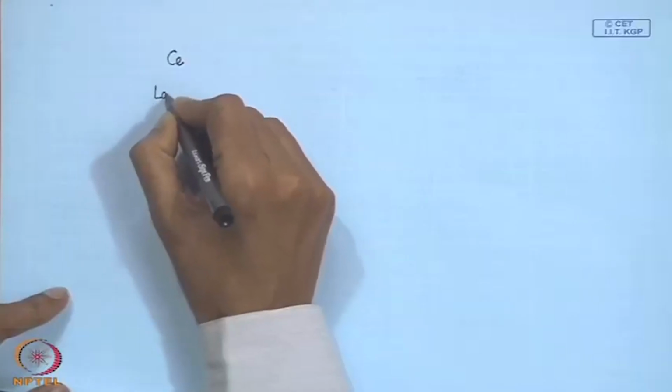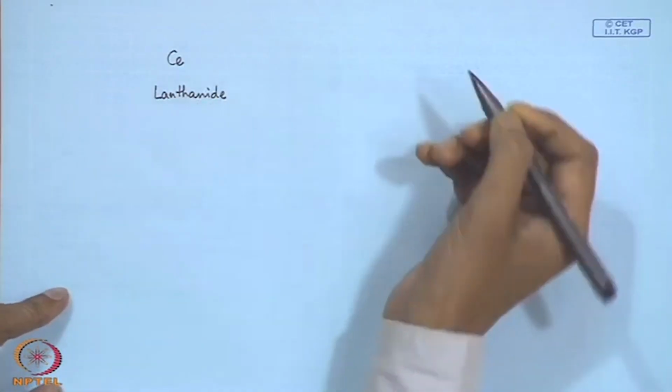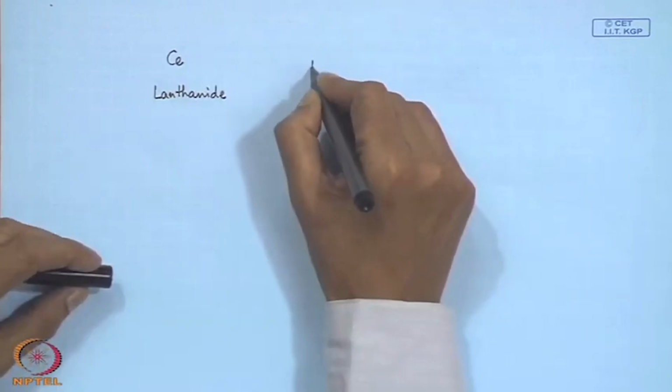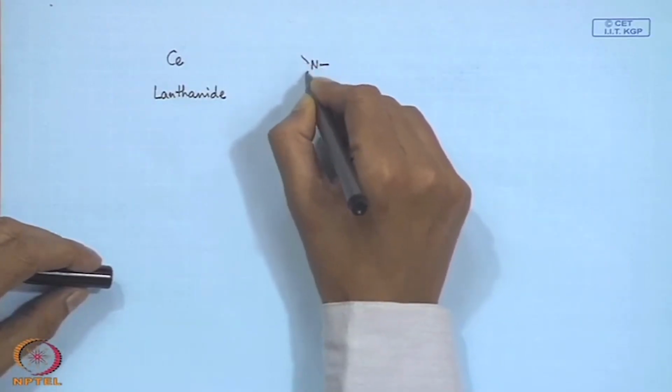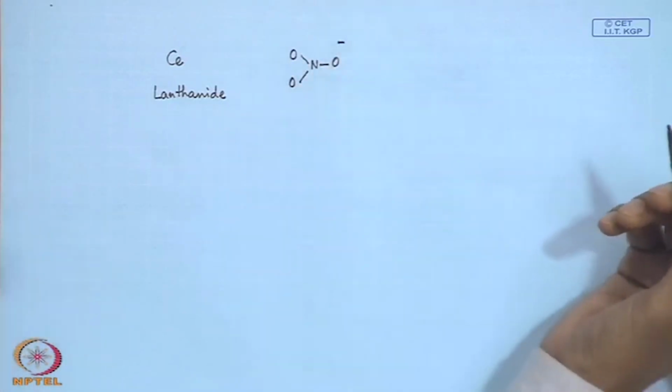So, how do we get a coordination number of 12, which is sometimes very difficult to visualize? One well known example is the corresponding compound of cerium, which is a lanthanide, and this cerium compound is formed with nitrate groups.